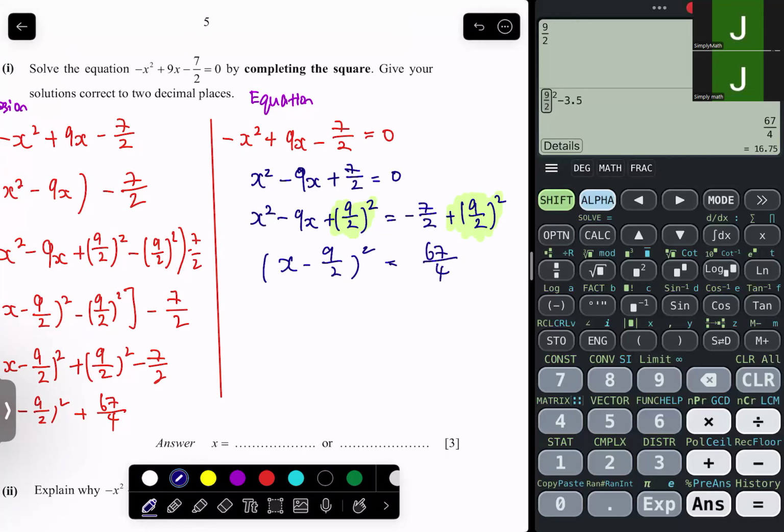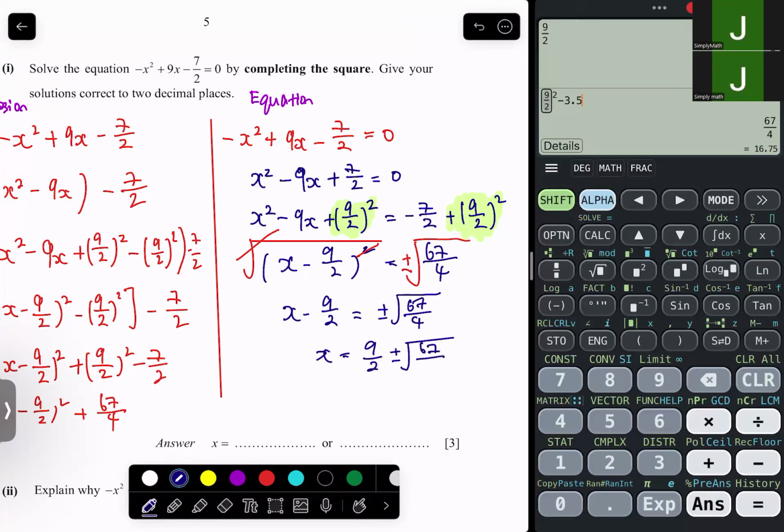So take the square roots on both sides. The square root on the left takes away the square. The square root on the right-hand side will be a plus minus. So x minus 9 over 2 equals plus minus root 67 over 4. x equals 9 over 2 plus minus square root 67 over 4.